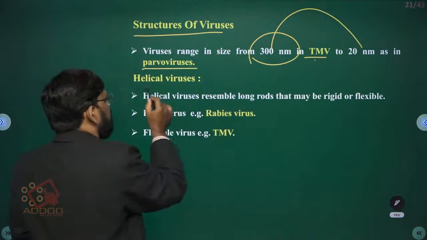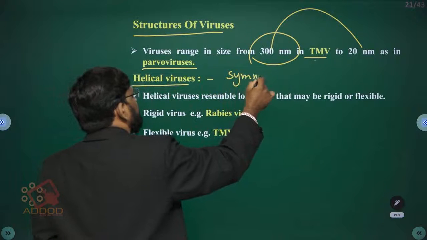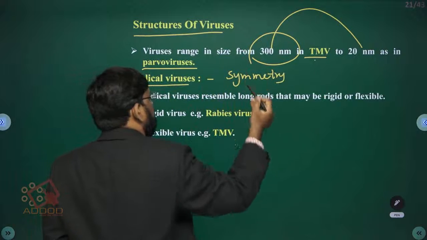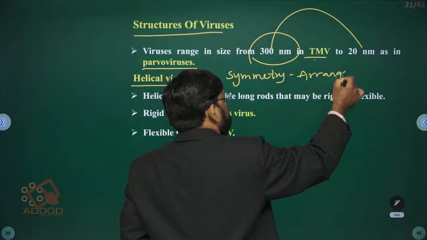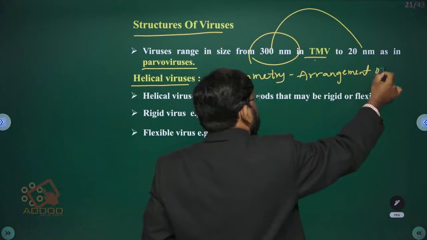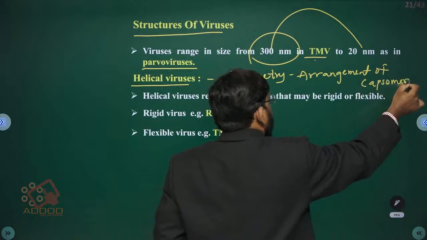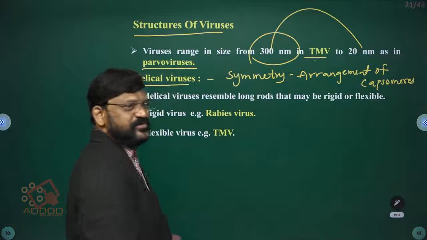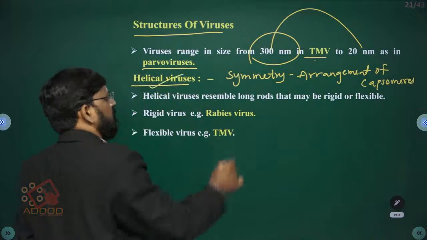Now, virus can also show symmetry based upon the arrangement of capsomeres. Let us say helical symmetry, then they are called helical viruses.